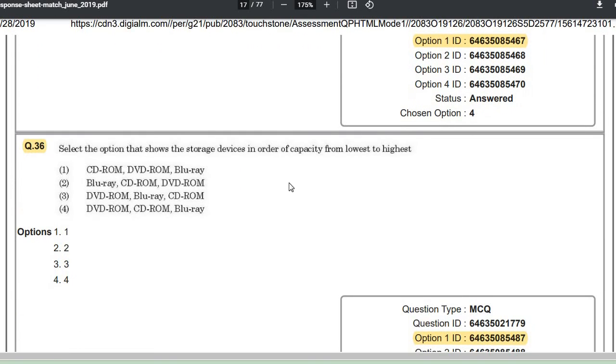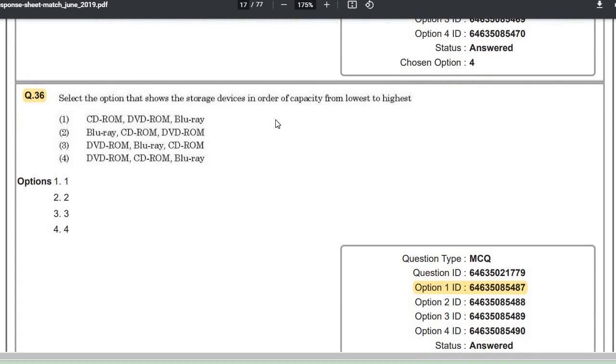Select the option that shows the storage devices in the order of capacity from lowest to highest. The lowest one is the CD-ROM, DVD-ROM is the next one, and Blu-ray is the most sophisticated one, the highest technology.